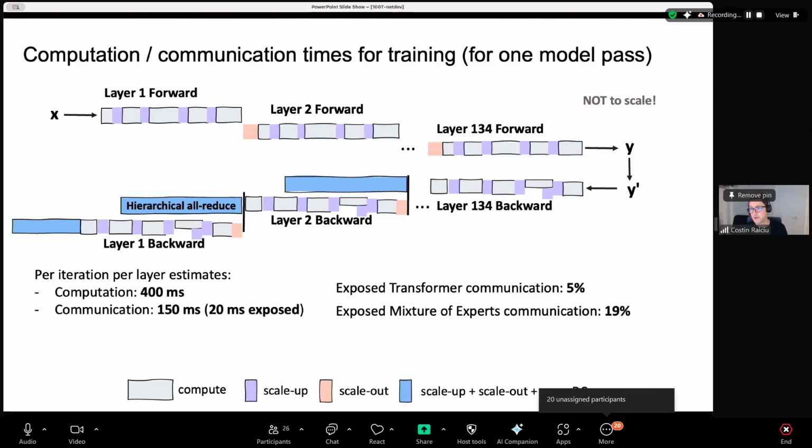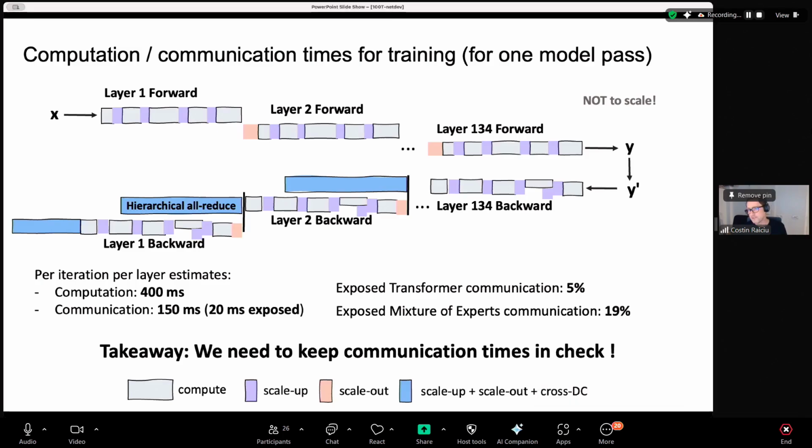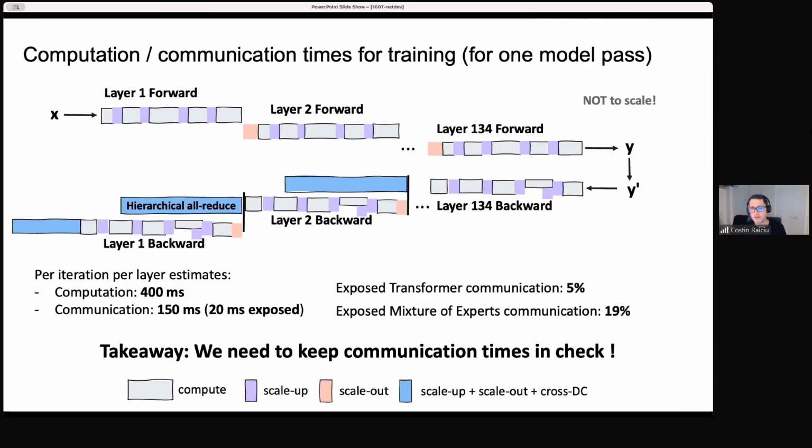Obviously, in practice, everything is not going to be perfect, but that's a different story. So the takeaway here is that we really need to be careful with communication, because if this exposed communication becomes a problem, then your GPUs are basically idle waiting for the network, and then everything crumbles. This distributed training becomes infeasible all of a sudden.